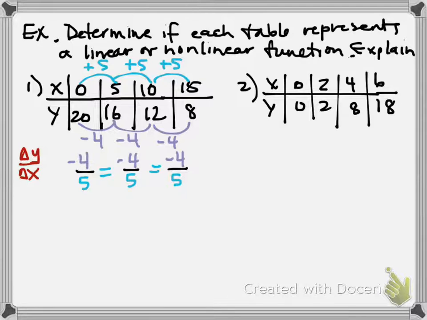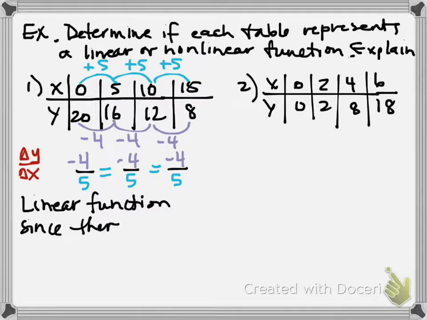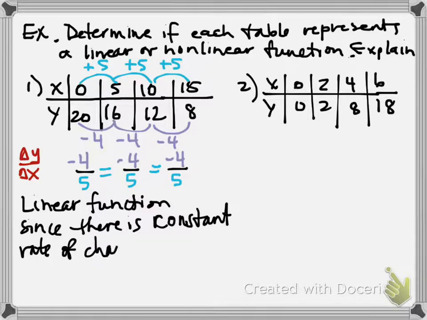So we could conclude this is a linear function since there is a constant rate of change of negative 4/5. Honestly, if you wrote negative 5/4 on a test, I could not give you full credit because you did not have the right constant rate of change. So be cautious with that.